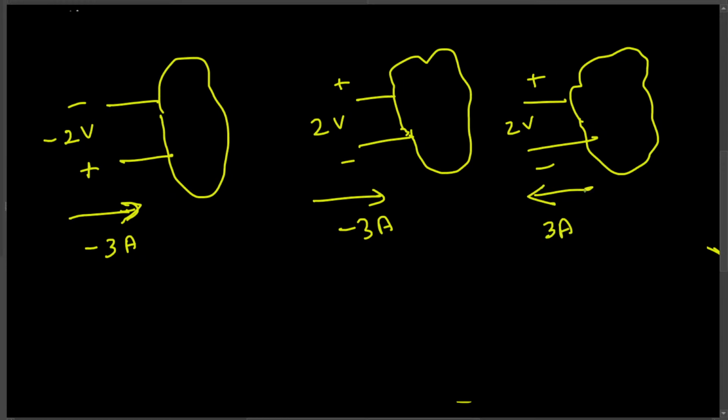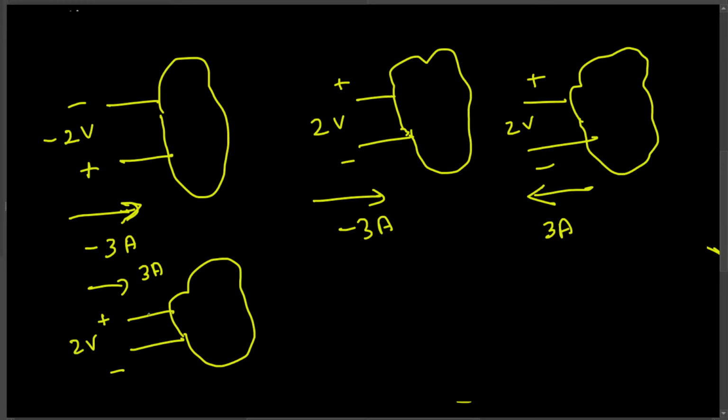Now a positive current going in the opposite direction of negative is exactly the same as a positive current passing through the positive direction. So you can redraw this one as positive, and here 3 ampere passing through this, and then minus here, and this one is 2 voltage.